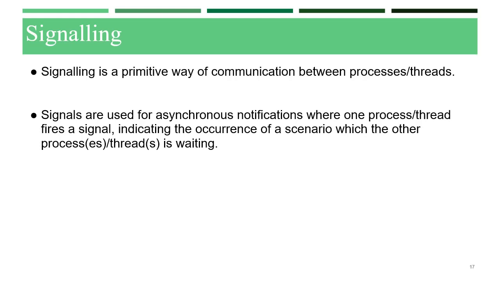Signals are not queued and they do not carry any data. That means queuing of signals is not allowed and they don't carry any data. For example, the communication mechanisms used in RTX 51 Tiny OS and inter-process communication in the VxWorks OS kernel are examples of signaling.